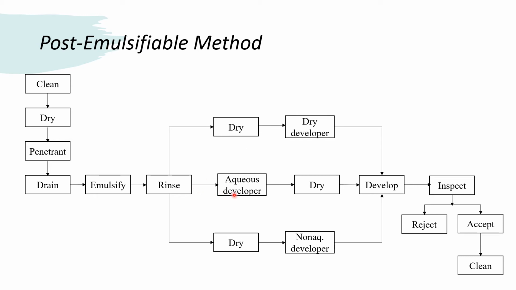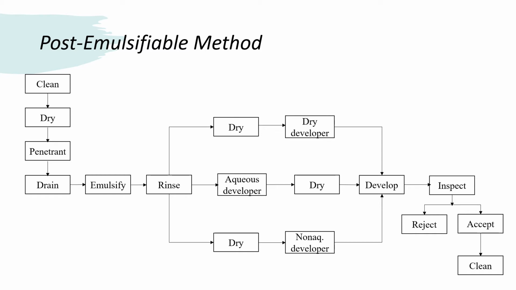For aqueous developer, then dry, then develop. For non-aqueous, rinse to dry, then non-aqueous developer, and then develop. For dry developer, rinse to dry, then dry developer, then develop. After developing, go for inspection. Then the result comes out, either accepted or rejected. If it is accepted, then it is cleaned.